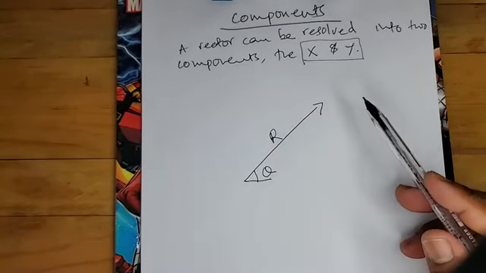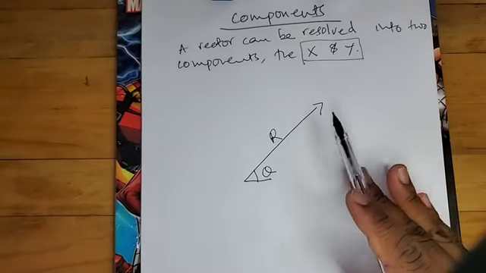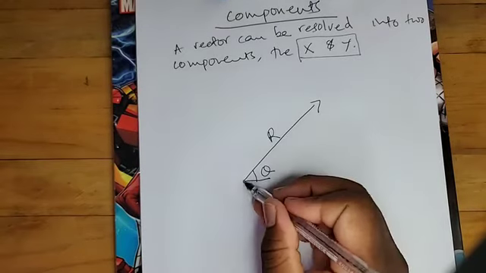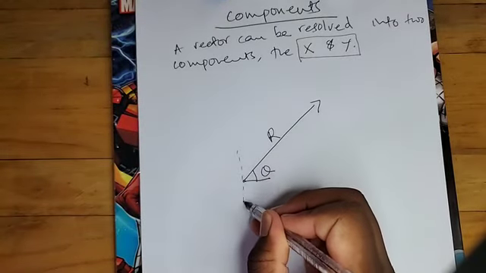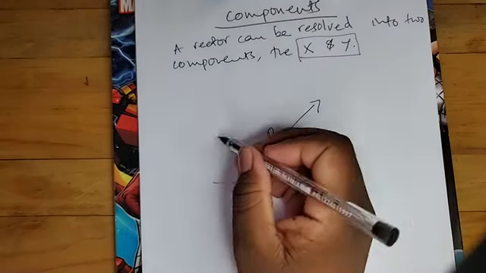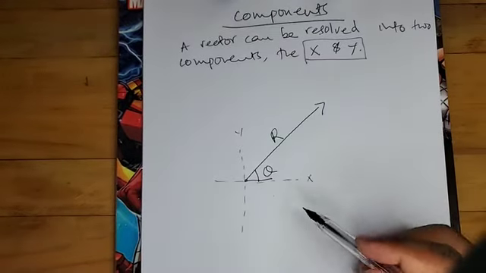So if we play around with the things, we said a vector is going to have two components, an x component and a y component. So if we were to draw an axis here, this will be our x, this will be our y.